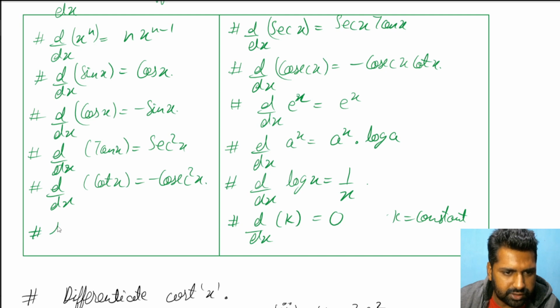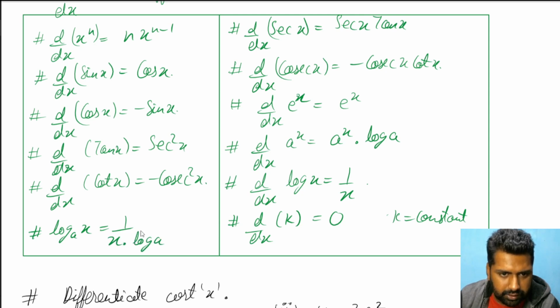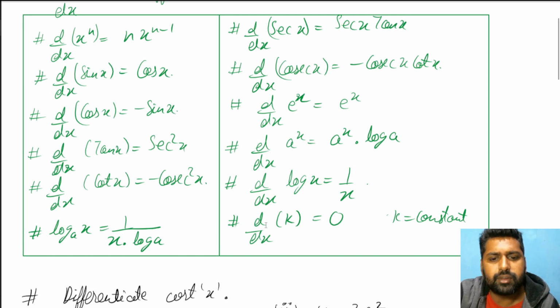So what will be the differentiation of log base a x? That will be equal to 1 by x log a. You can take this as a rule. This will help you. If suppose the base is given something specific, then that log will come in the denominator.